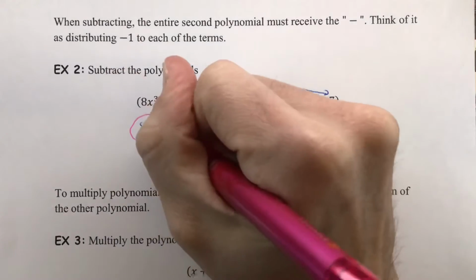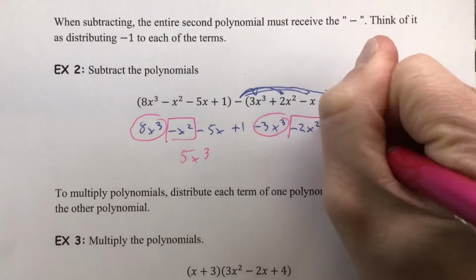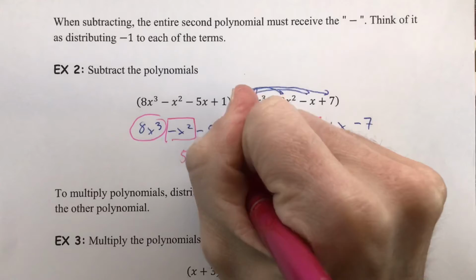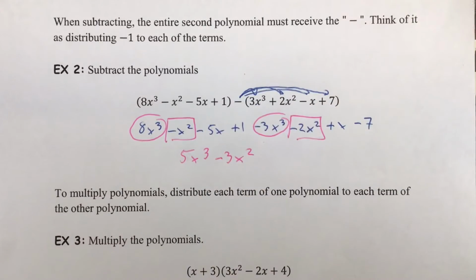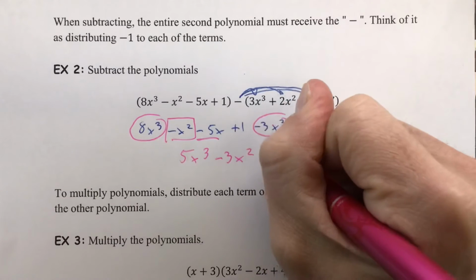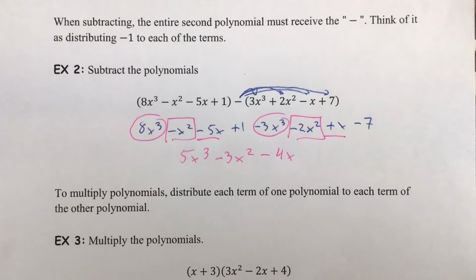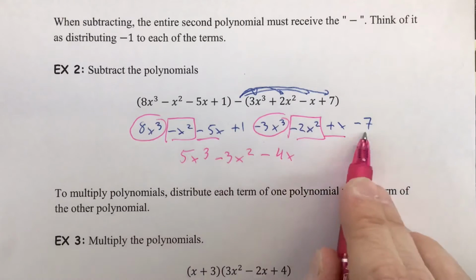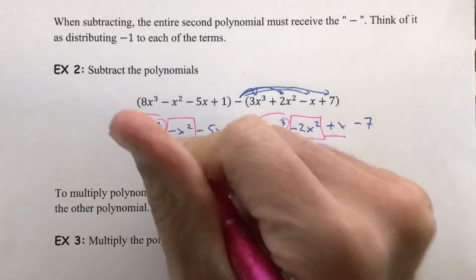The squared terms are going to give you negative 3x squared. The linear terms will give you negative 4x. The constants, which are easy to identify again because I've already circled, boxed, and underlined everything else, are going to give you negative 6.